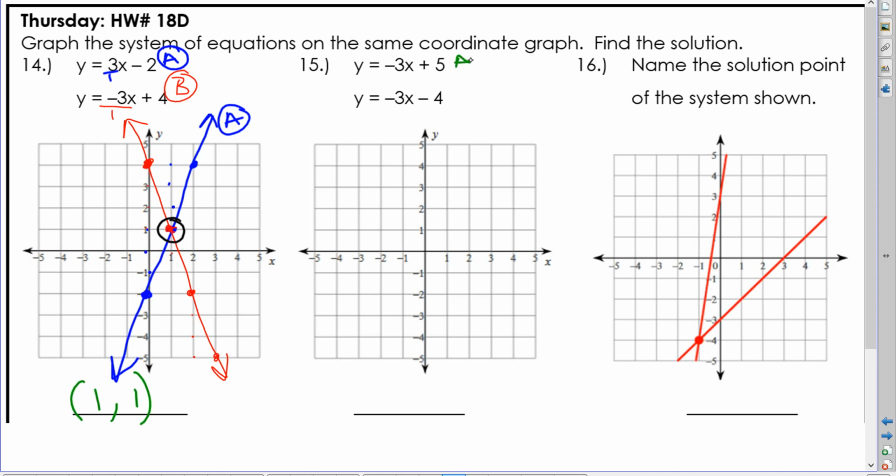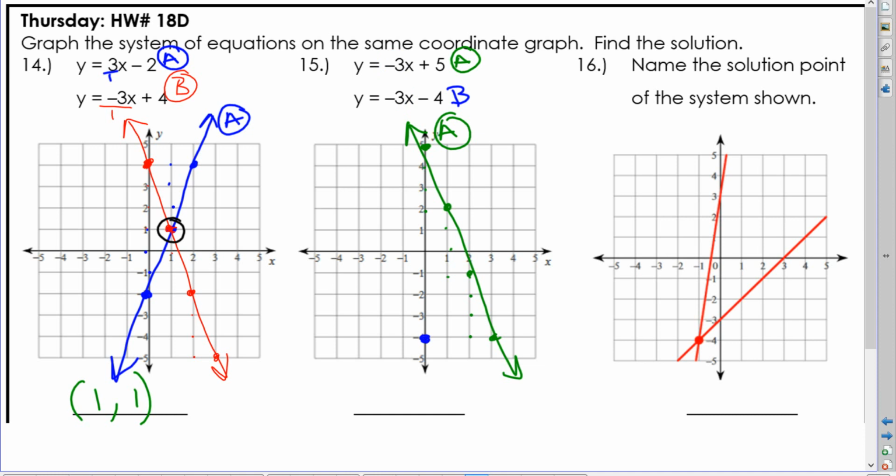For question 15, I'm going to label the first sentence A. I'm going to start at positive 5, and I'm going to go down 3 over 1. Down 3 over 1. Down 3 over 1. There's my first sentence, and I'm going to label it with an A. Now I'm going to call my second sentence B. And I kind of notice already that even though they don't have the same y-intercepts, they do have the same slope. And when you have the same slope, that means you're going to have the same tilt to your line.